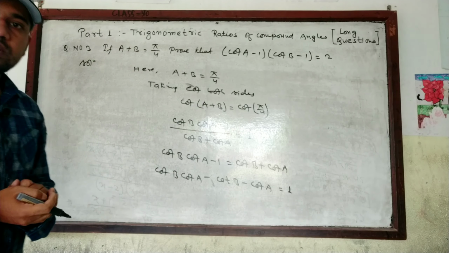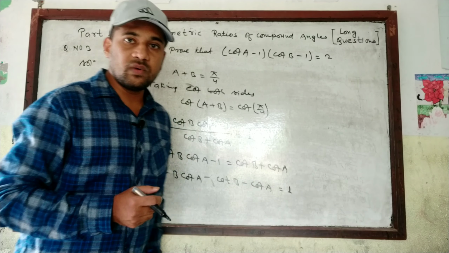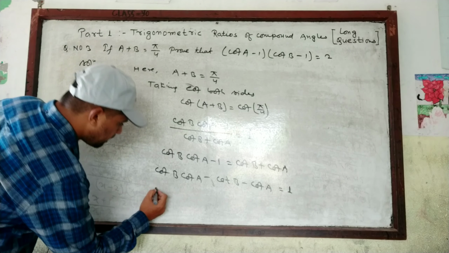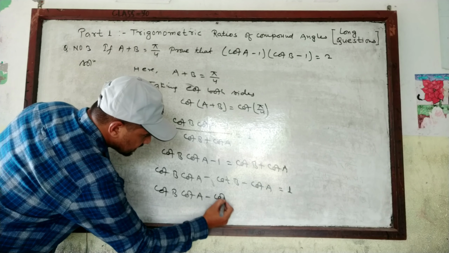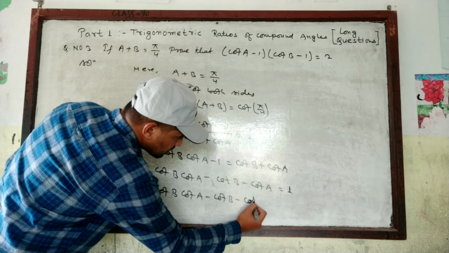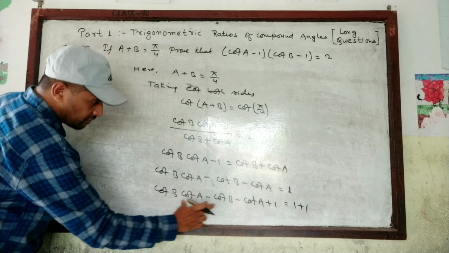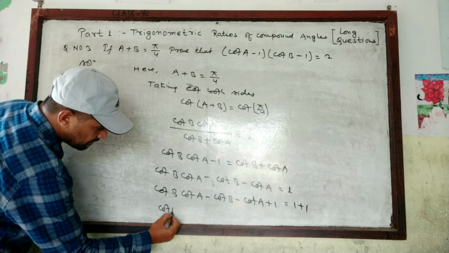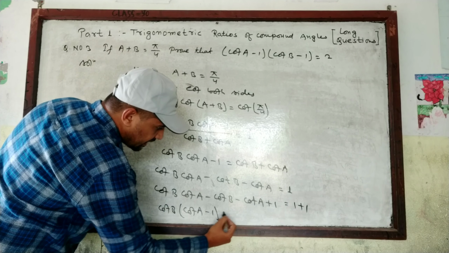Now adding 1 on both sides, because we need 2 here: cot b cot a minus cot b minus cot a plus 1 is equal to 1 plus 1. From the first two terms we can take cot b common, remaining cot a minus 1. From the other terms we take minus 1 common, so the signs change, cot a minus 1.